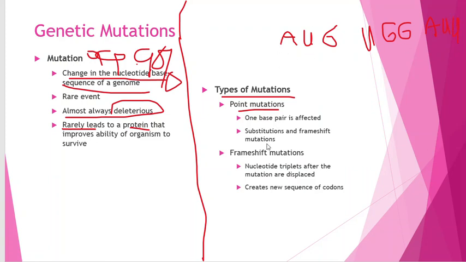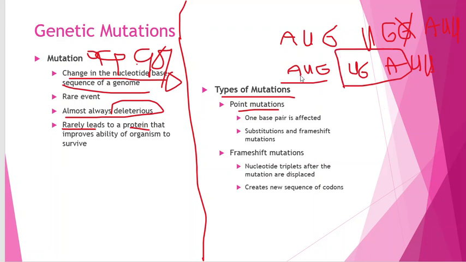Now, a point mutation is where we just miss one particular base pair. What happens if this one didn't get put in for whatever reason? Now I've got AUG, and now I've got UG. The next one is going to be AUU, but guess what? These are read 3 at a time.